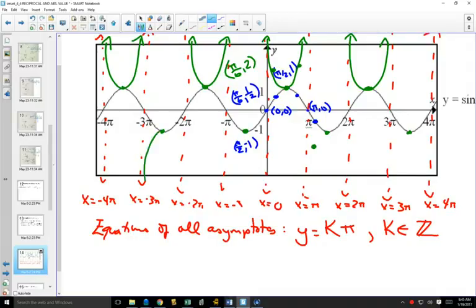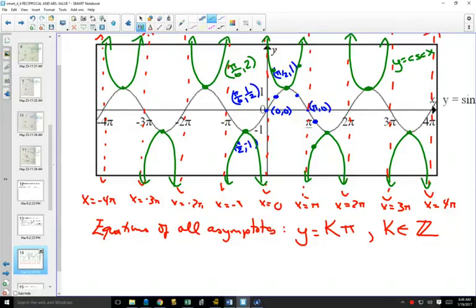And so all of these bottom sections are going to look like this. And the green graph is the graph of cosecant of x.